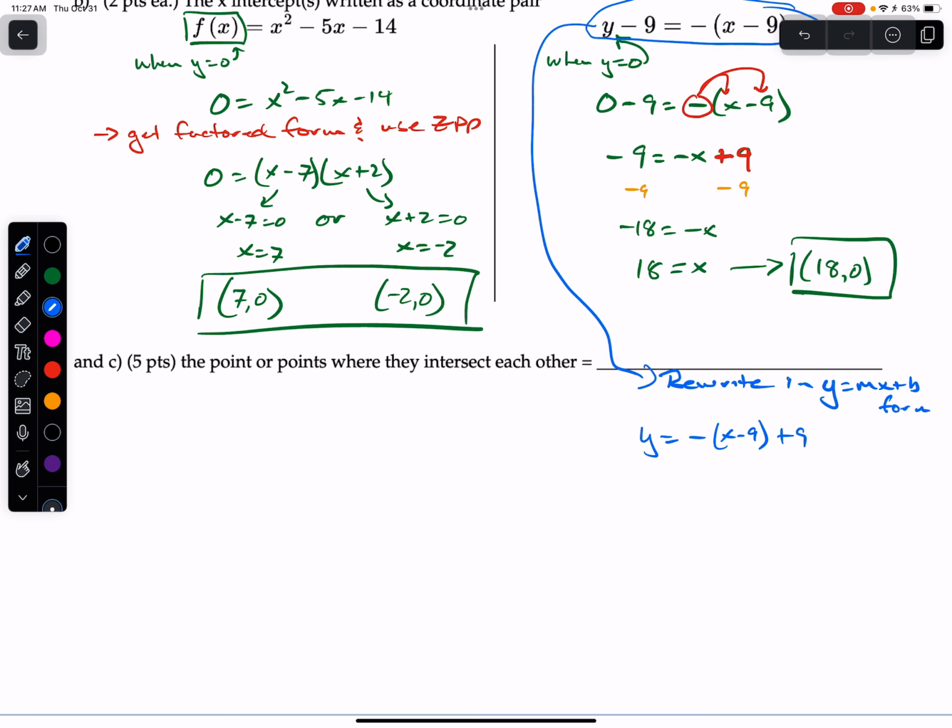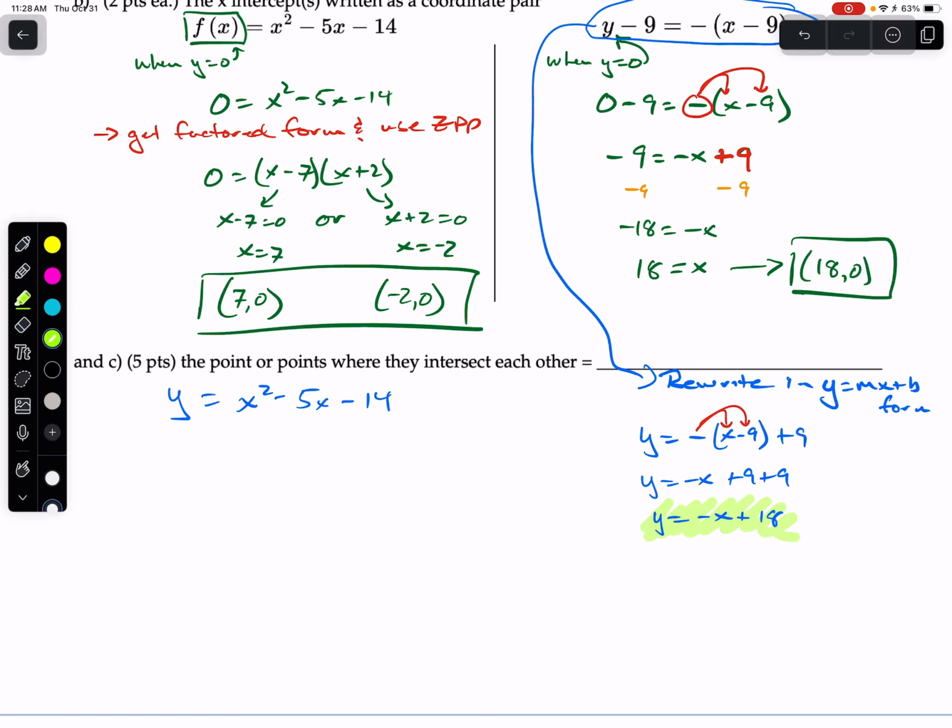Then I'm going to do my distribution and get y equals minus x plus 9 plus 9. So y equals minus x plus 18. So this is one equation. My other equation obviously is y equals x squared minus 5x minus 14. So that's my other equation.